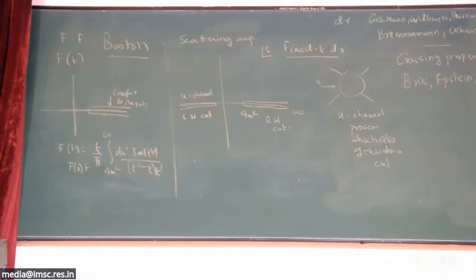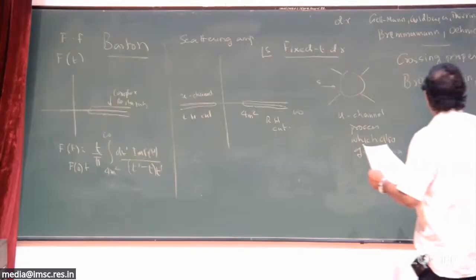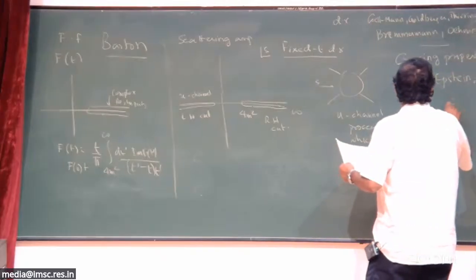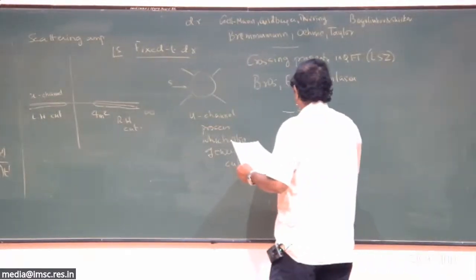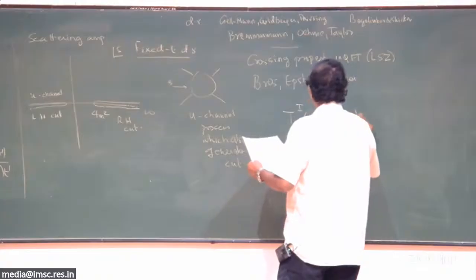Actually, it doesn't converge, but to justify and to give some substance to everything that I've been saying over here, I'll say that it is possible to write down a dispersion relation collectively for all the amplitudes of definite isospin in S, T, and U that looks as follows.